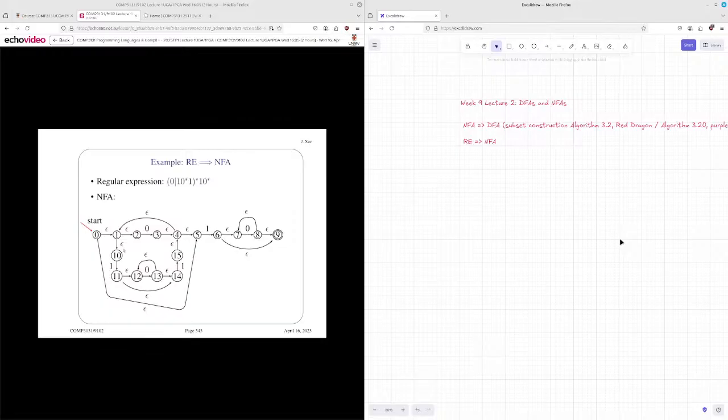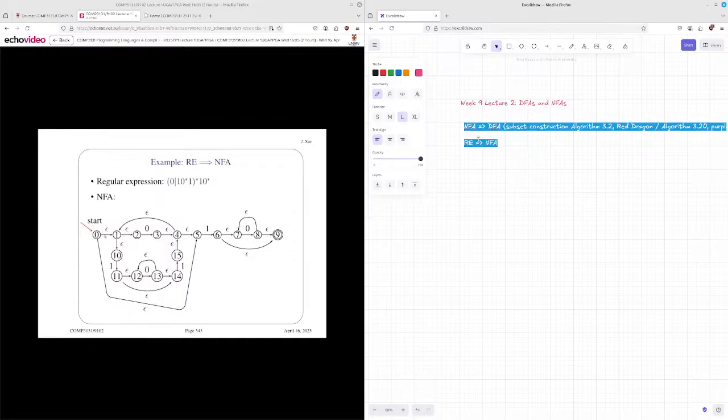It is non-deterministic because we have epsilon transitions. That means if the machine starts from the start state, it can move to 1, it can also move to 5. Once it is at 1, it can move to 2, it can move to 10 without reading anything from the input. Remember the analogy I gave you in the second week.